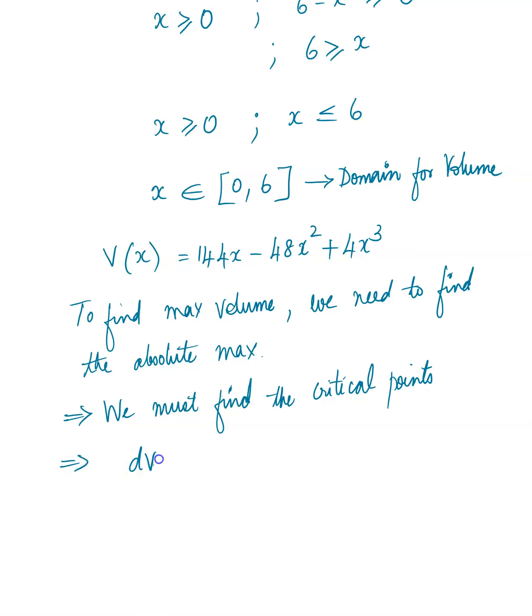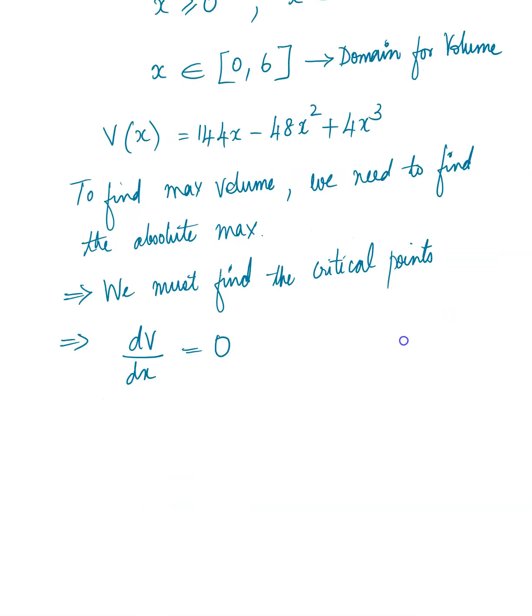This implies dV over dx must be equal to 0. So take the derivative of V. That will be 144 minus 96x plus 12x squared. And this has to be set to 0.